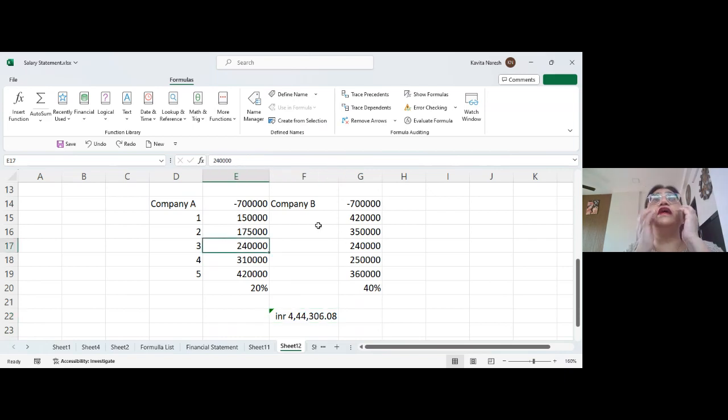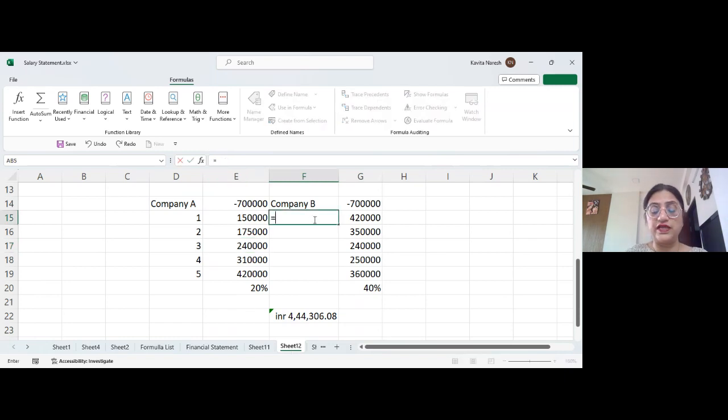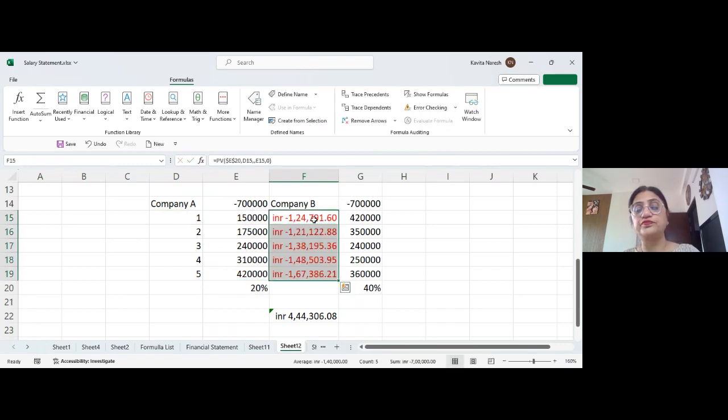Okay, so this is the way you can calculate the PV and NPV. IRR, PV and NPV. We learned three formulas, IRR, PV and NPV. Now the same you can calculate with the PV function. This is your rate, comma, nper, comma, there is no PMT, comma, 0. 7 lakh rupees, same thing here.